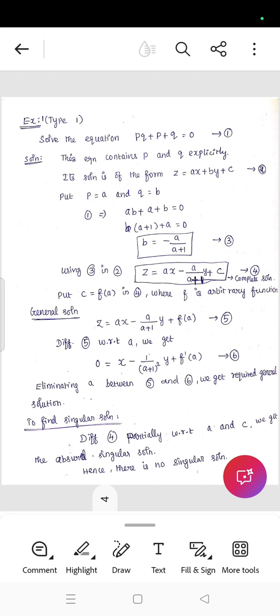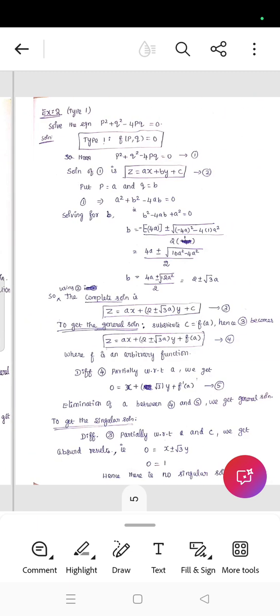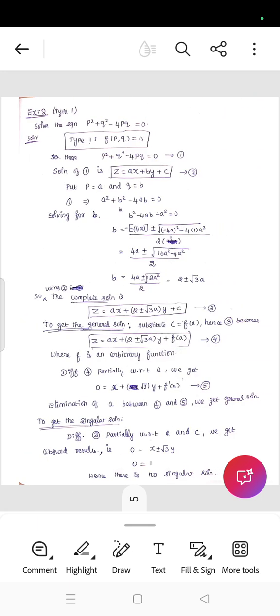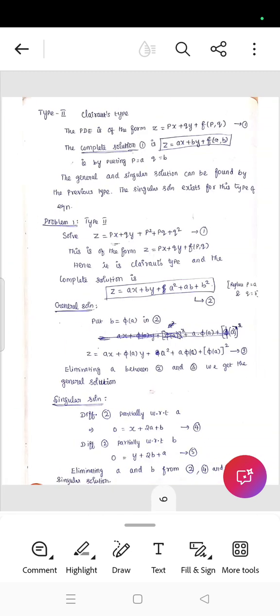In this lecture we are going to see the Clairaut's type, where the partial differential equation is of the form z = px + qy + f(p, q). Here f(p, q) can be any function of p and q, such as p square plus q square minus 1 or p plus q.